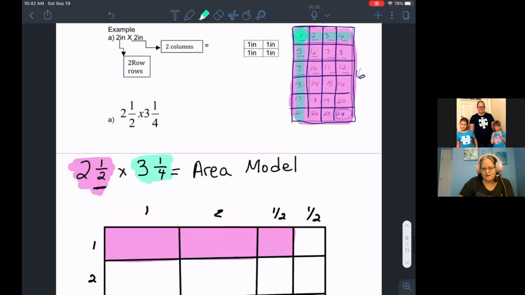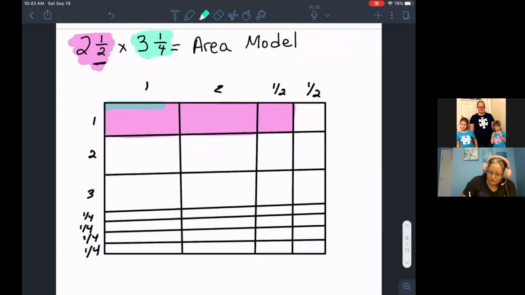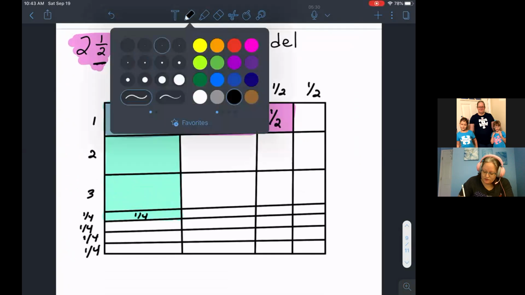So we've got the 3, which would be 1 unit, 2 units, 3 units. And then we've got the 1/4 left over for the 4th unit. So this will be our quarter. And this is a half.